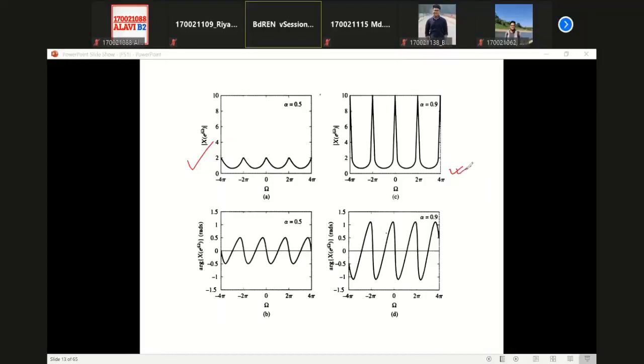We can easily calculate the angle also. Your angle spectrum is also periodic with respect to omega. In order to reconstruct our signal, we need the value of X(e to the power j omega) for omega from minus pi to pi, or from 0 to twice pi.